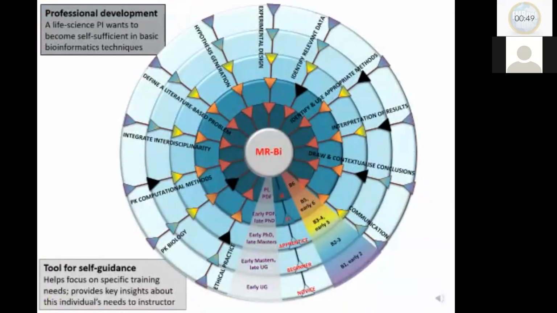Overall, in this way, the Mastery Rubric for Bioinformatics can be a useful tool for self-guidance, helping individuals to pinpoint and focus on their specific training needs. And if shared with an instructor, these provide key insights about those training needs to the instructor. A key point here is that J2 in one discipline may be, and almost certainly is, a novice, beginner, apprentice in some other discipline.